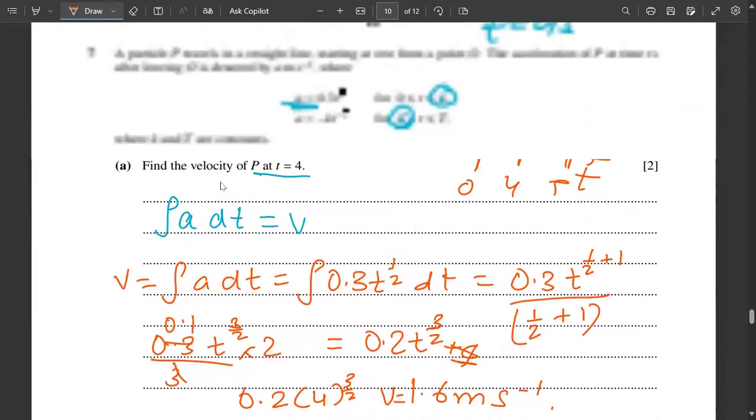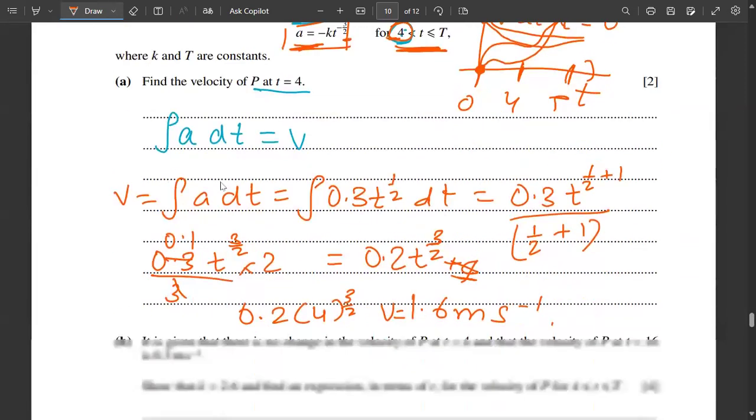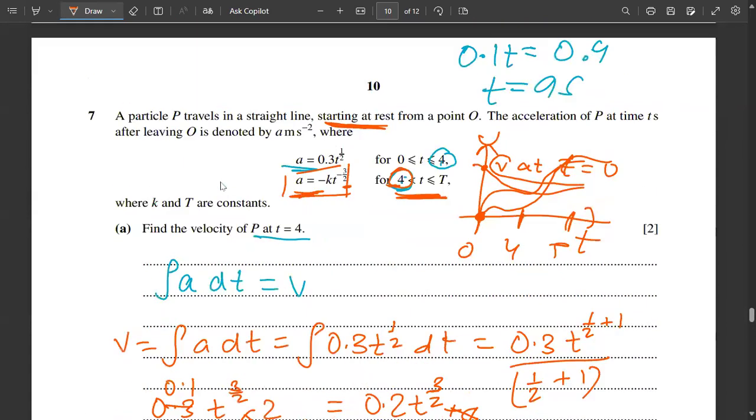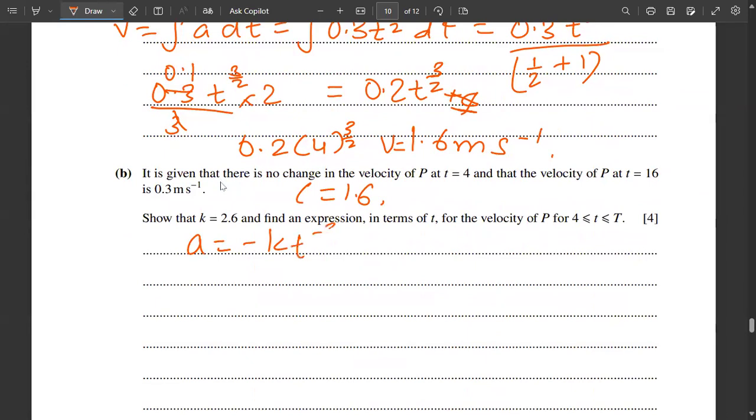Now let's move ahead. They have told us a equals minus k t raised to minus 3 by 2. So the integral of a dt will give us velocity, which is the integral of minus k t raised to minus 3 by 2. Because k is a constant, we can put it outside.